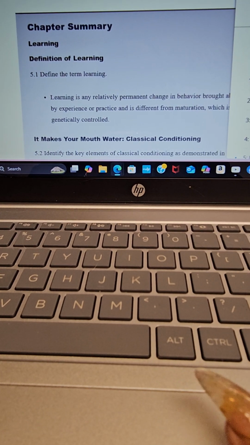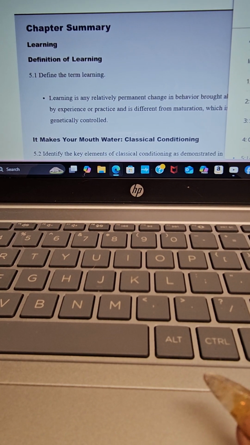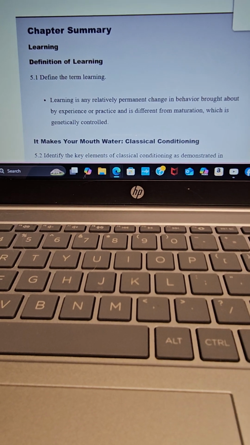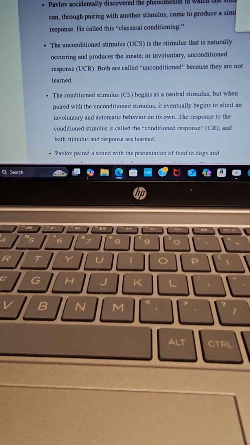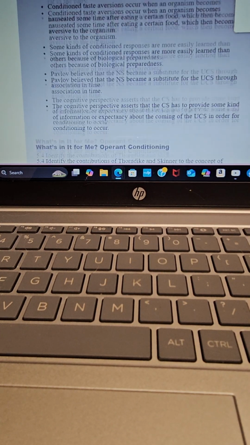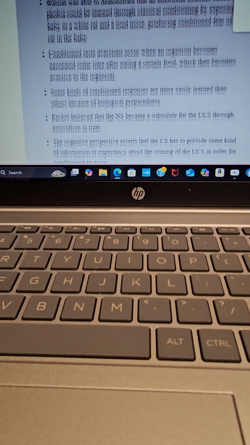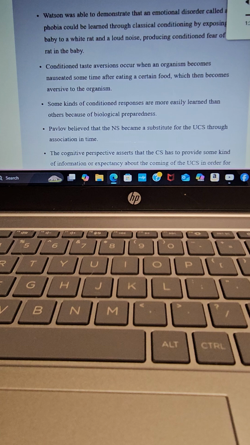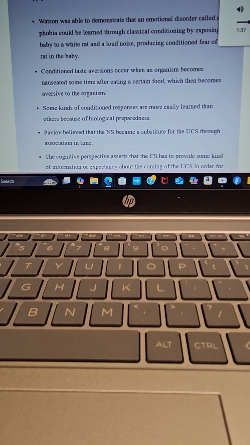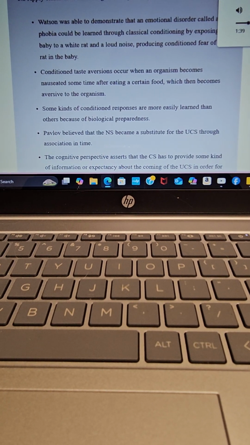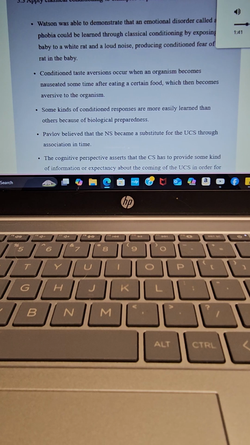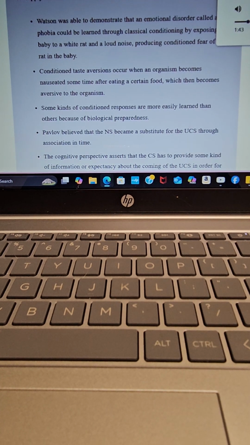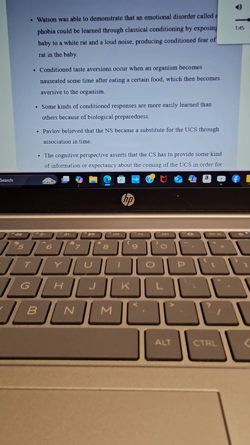The conditioned stimulus, CS, begins as a neutral stimulus, but when paired with the unconditioned stimulus, it eventually begins to elicit an involuntary and automatic behavior on its own. The response to the conditioned stimulus is called the conditioned response, CR, and both stimulus and response are learned.